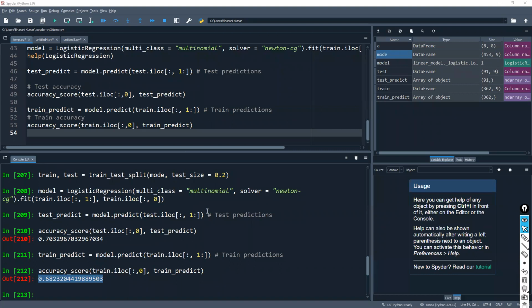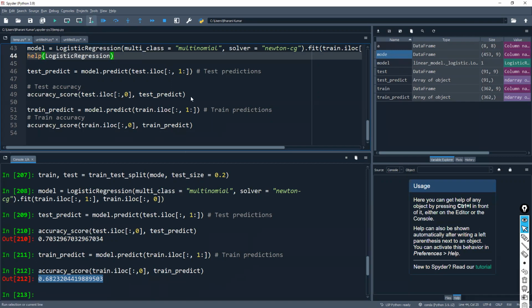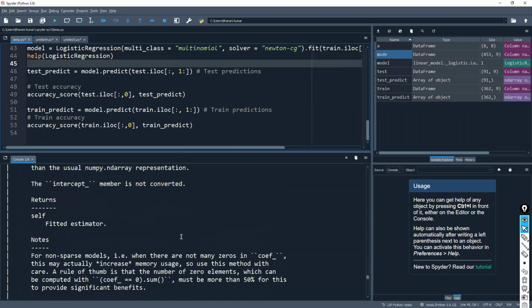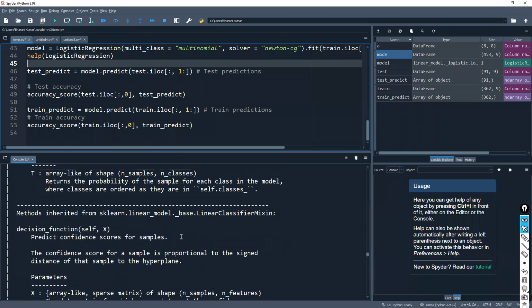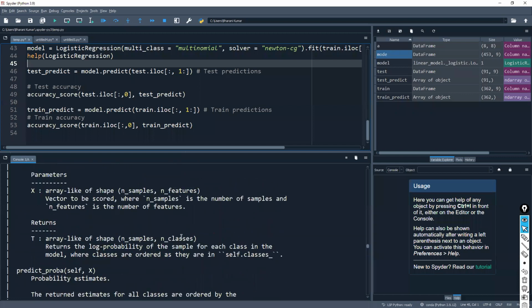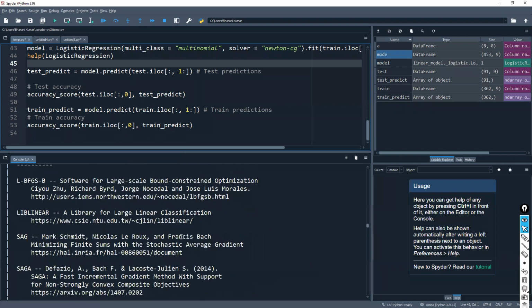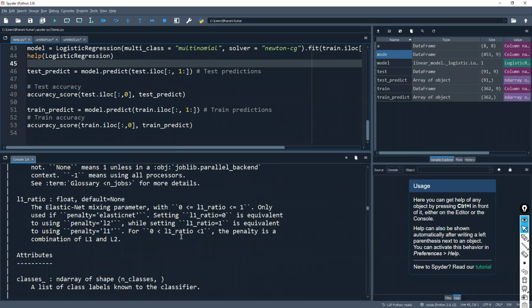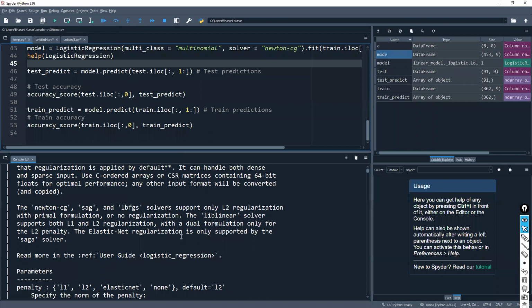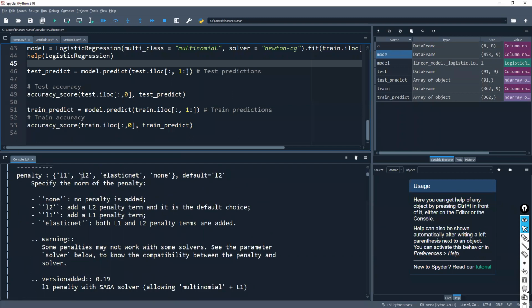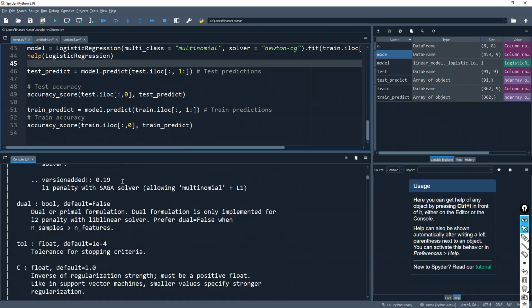Point number one. And also you have a lot of hyperparameters. You can try out, experiment with those hyperparameters. When you just say logistic regression here, you have a lot of hyperparameters which exist. You can read and play around with those and see which hyperparameter is actually giving you the best result. If I were you, I would have probably tried out L1, L2, elastic net as a penalty term.